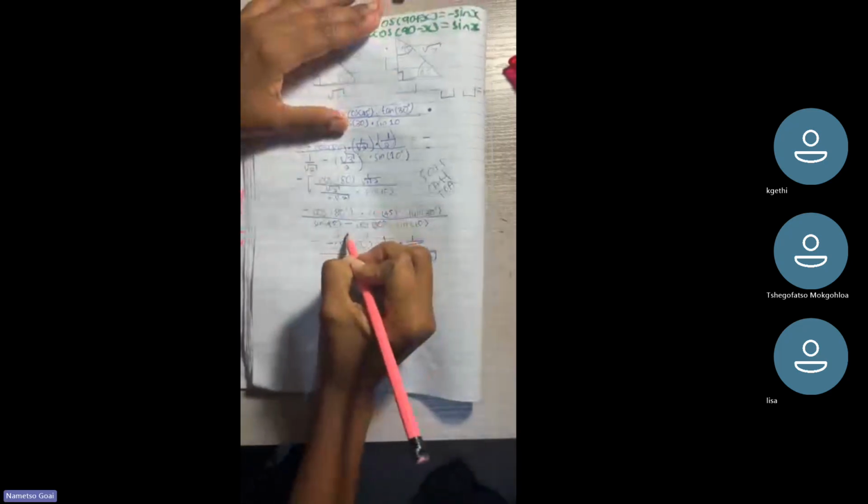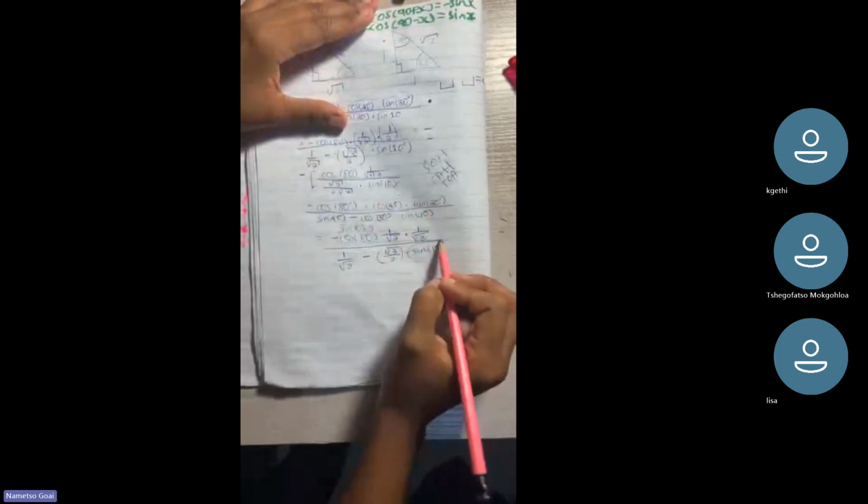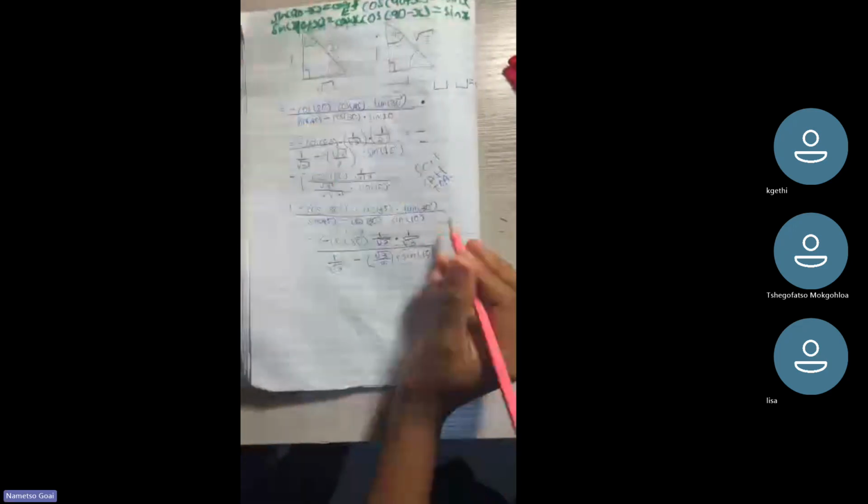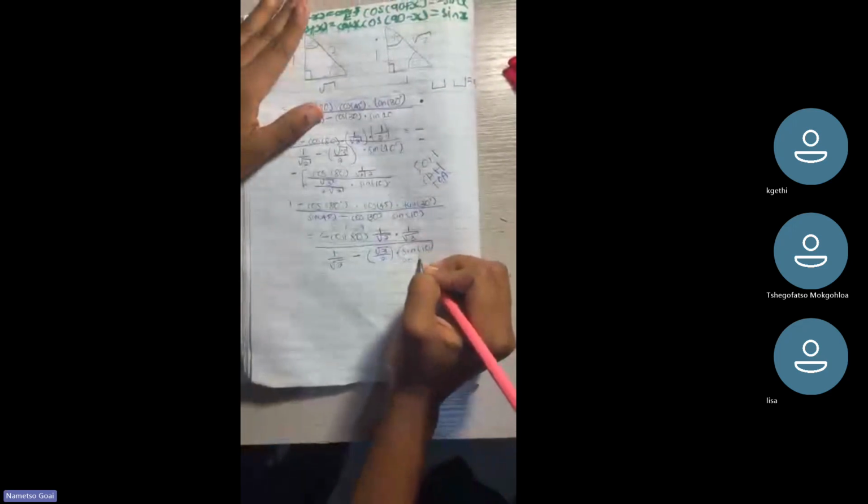What is it going to give you? Cos 80. So you see, if we have a sine 10 over here, we can easily cancel these two together. Or if we have a cos 80 over here, we can just cancel these two together.